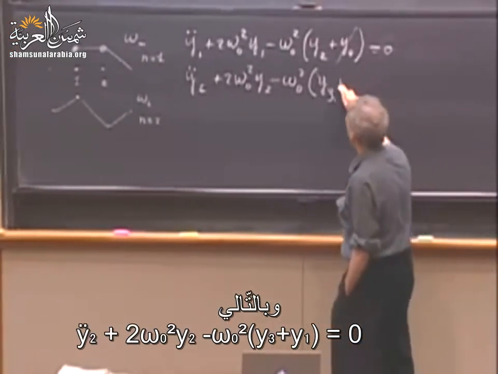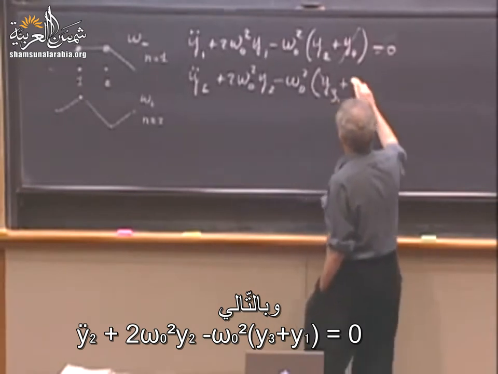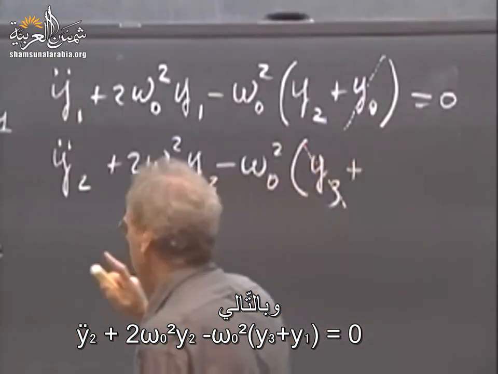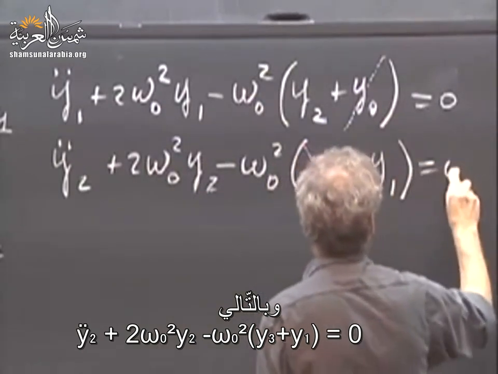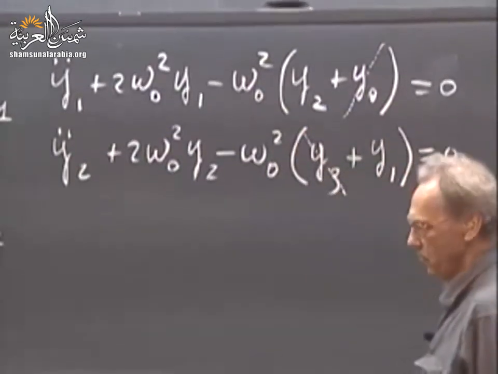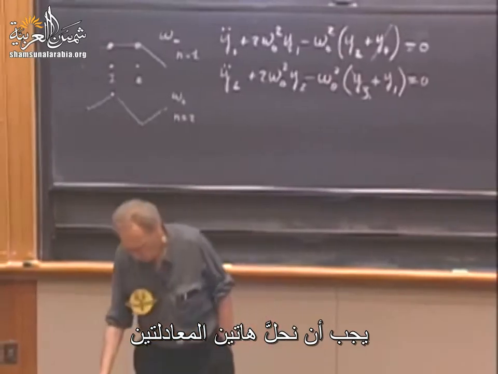And then we get plus y P minus 1, which by plus 1 we have 2, that is y1. So these 2 coupled oscillators will have to be solved.